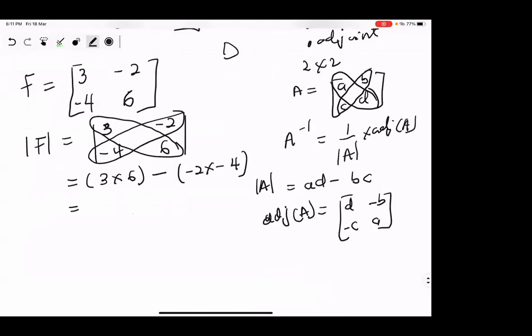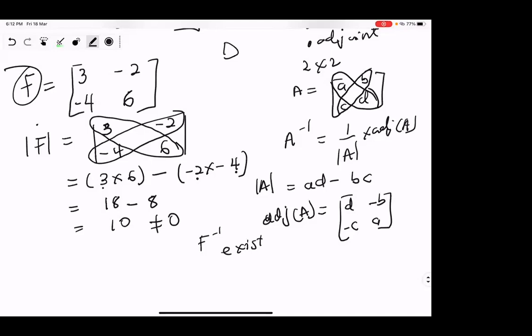And if we simplify this, 3 times 6, that is 18, minus negative 2 times negative 4, that is positive 8. So the determinant of matrix F is equal to 10. This is a non-zero number. Therefore, F inverse exists. And F is known as non-singular or invertible.